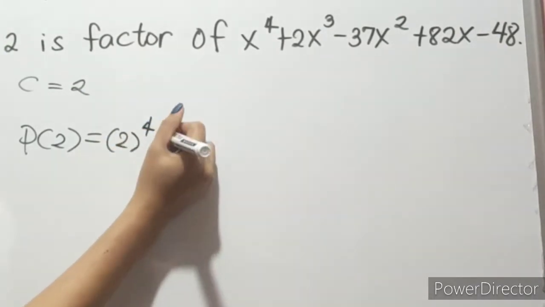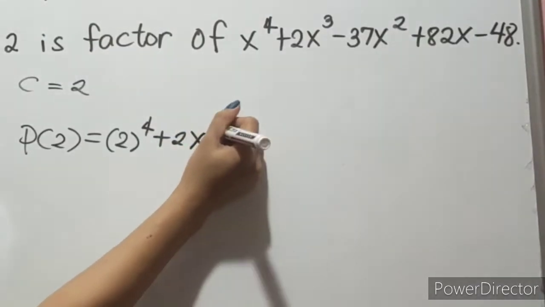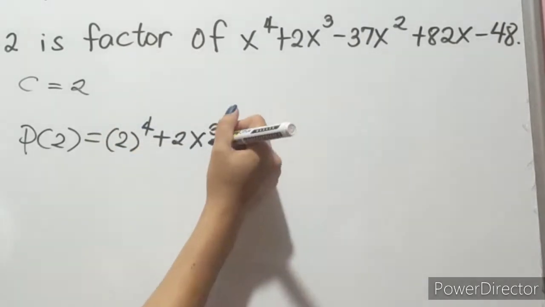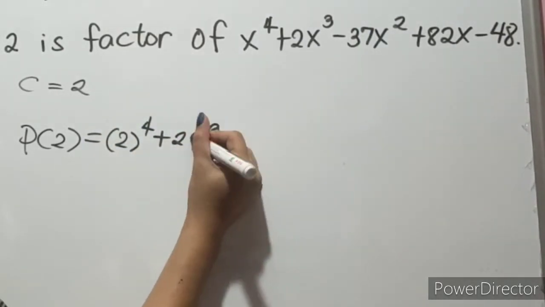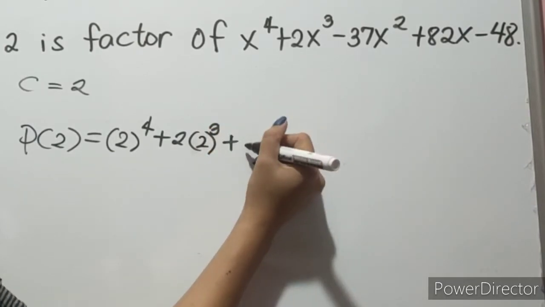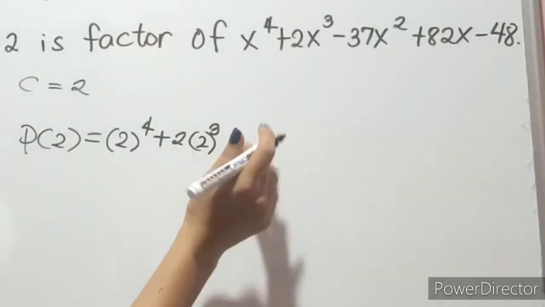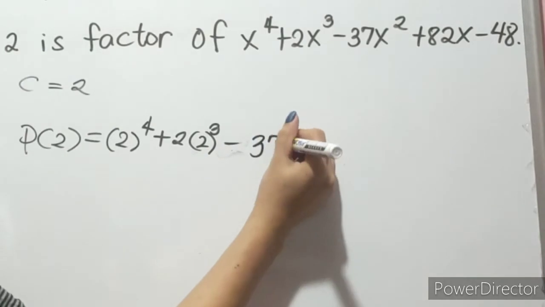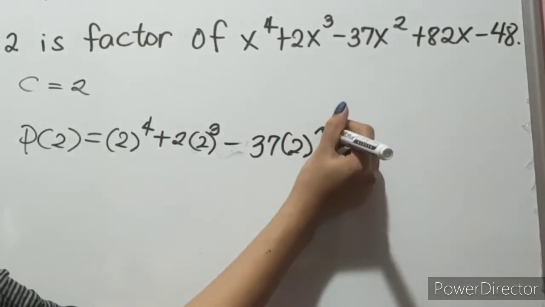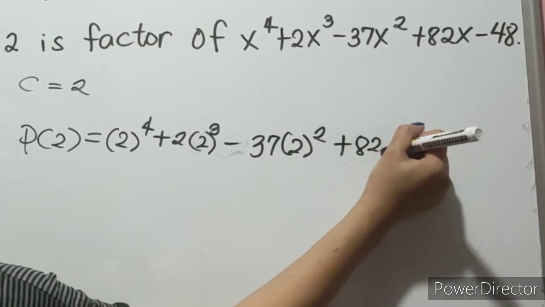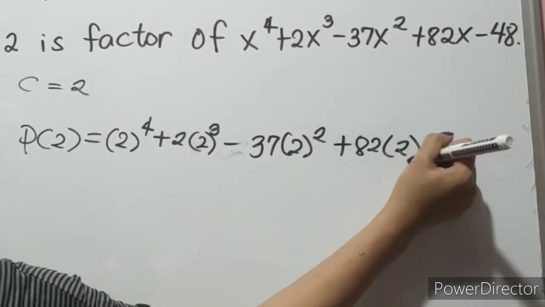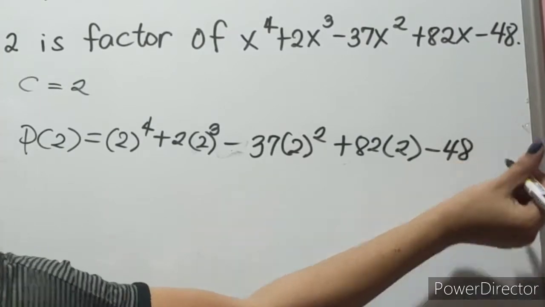So, 2 raised to 4 plus 2 times 2 cubed, punta natin ng 2, minus 37 times 2 squared plus 82 times 2 minus 48.